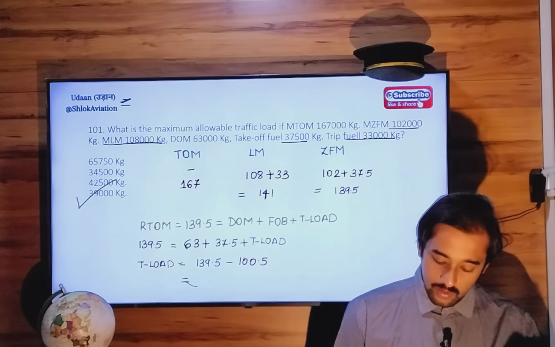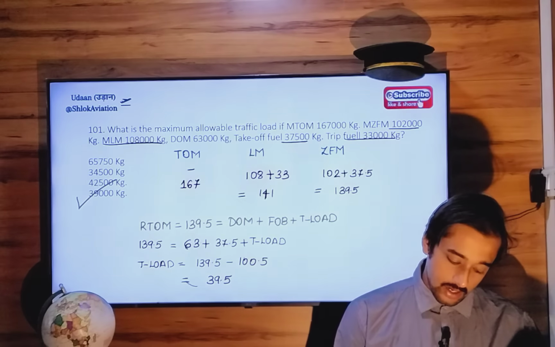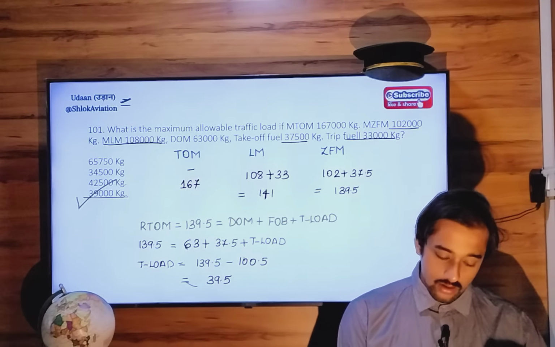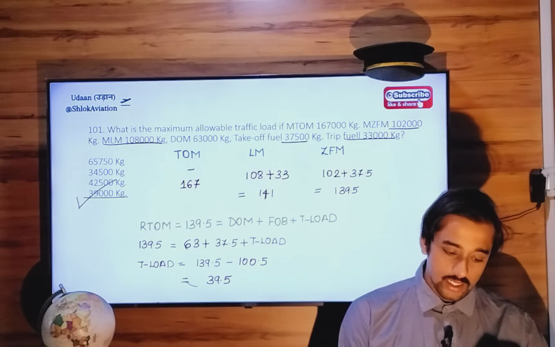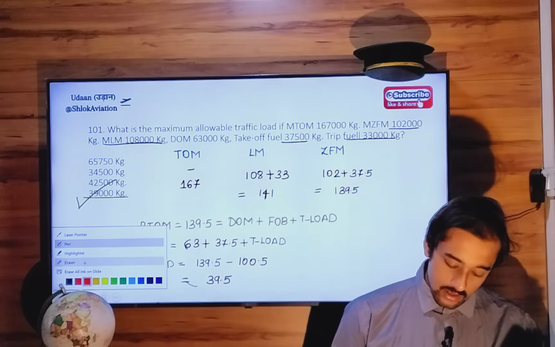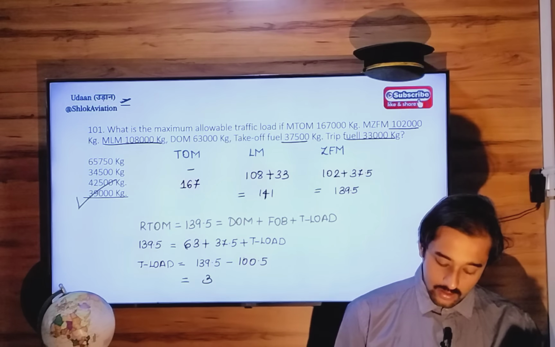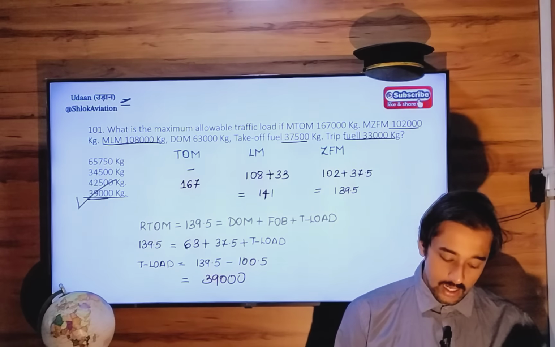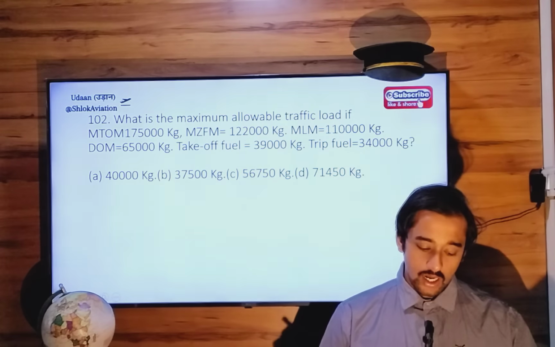So traffic load will be equal to 39.5 or 39,500. 139.5 minus 100.5 is 39,000. Correction. So the answer will be 39,000. Option delta. This is how you do this question. Very simple, formula based.